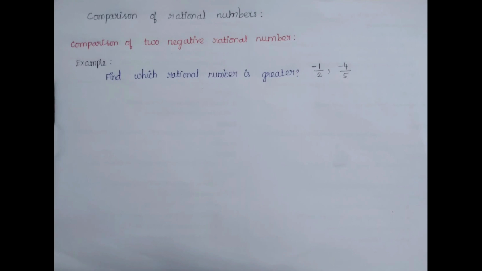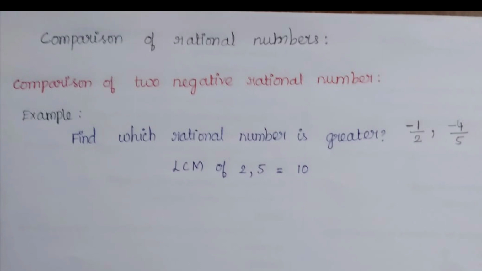I'll explain with an example. First example, find which rational number is greater, minus 1 by 2 or minus 4 by 5. First, we have to find the LCM for the denominators, that is 2 and 5. What is the LCM for 2 and 5? It's 10. First, we take the first rational number, minus 1 by 2.